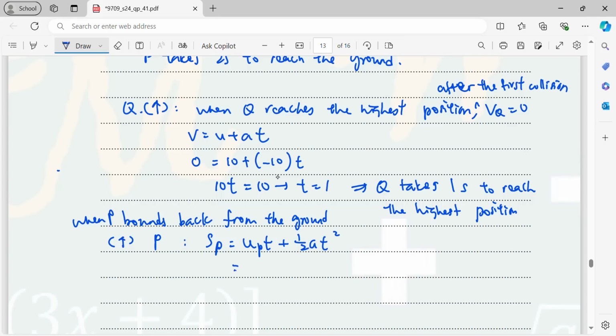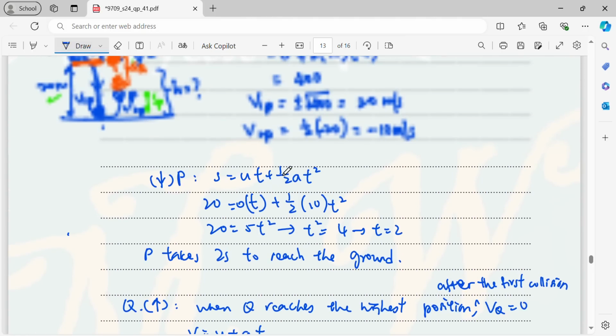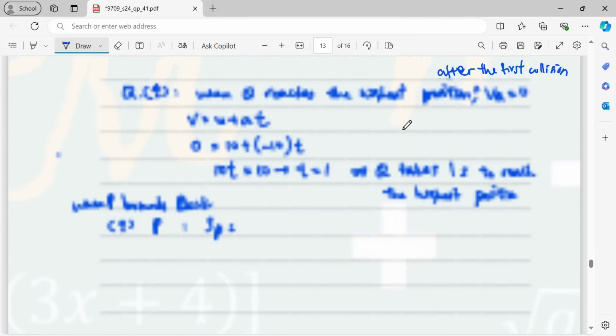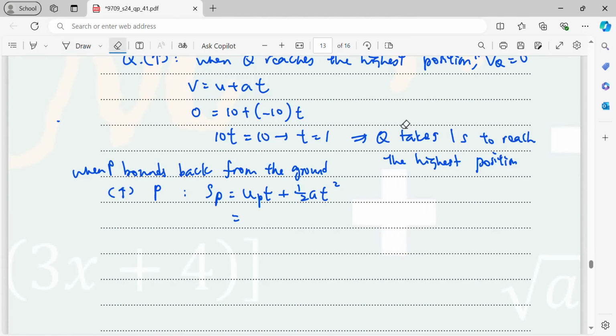Now my SP here will use V2P, because of the bounce back, so here I shouldn't write UP, I should write V2P. So that is going to be 10T plus half, because I treat going up as positive, so the A is negative now. Then T squared. So here you get 10T minus 5T squared. So this is my SP. I let this be the first equation.